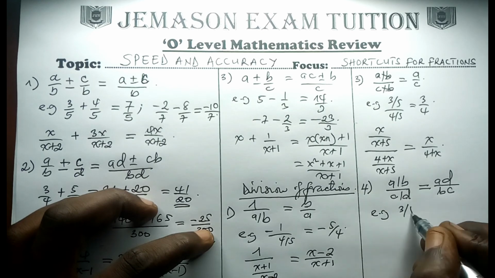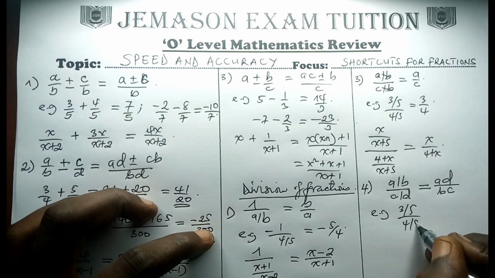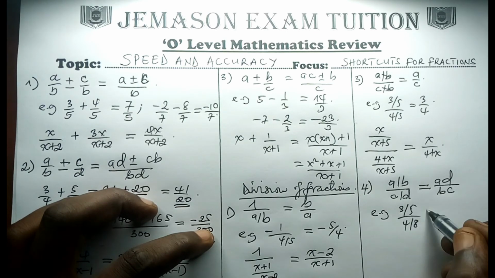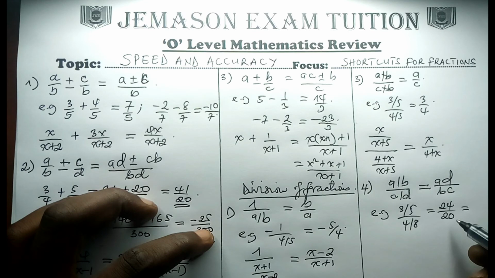Example, 3/5 divided by 4/8. This will be 3 times 8 all over 5 times 4. So it gives 24 all over 20, which you can then simplify by cancelling 4 to have 6 all over 5.